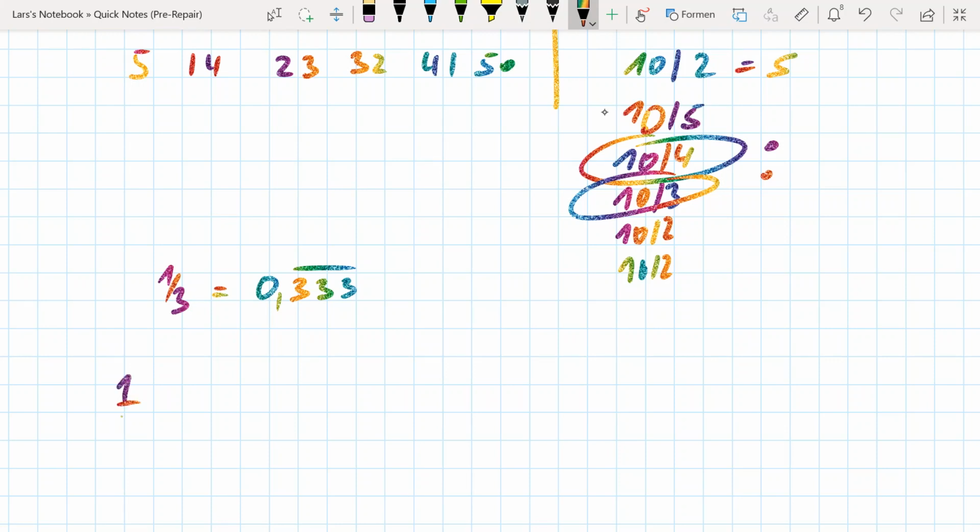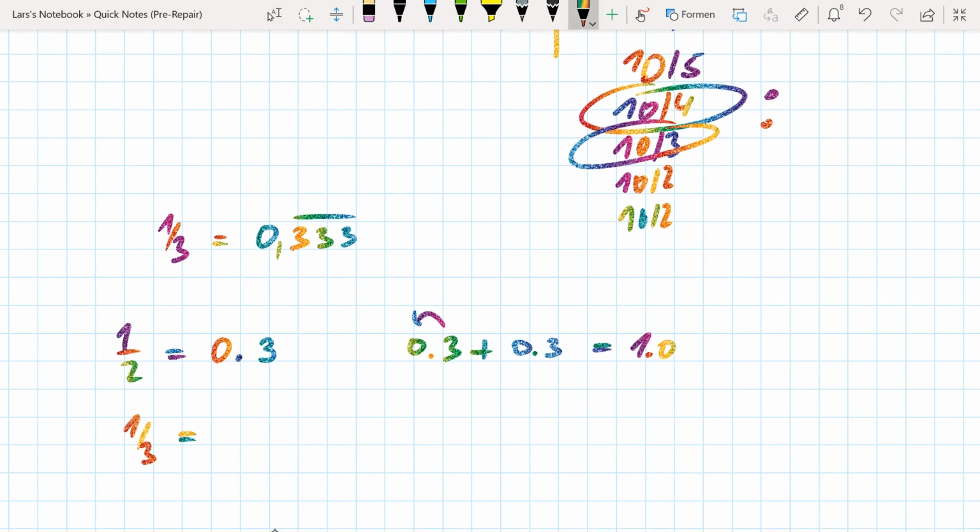Like 1/2, it's easy. In base 6 it's 0.3, because 0.3 plus 0.3, if you add 3 and 3, it's one place higher, so it's 1.0.